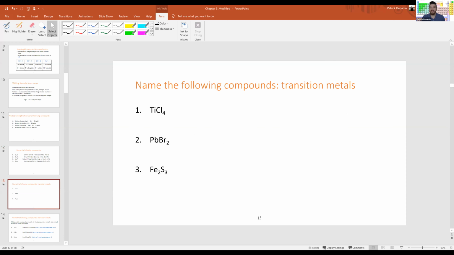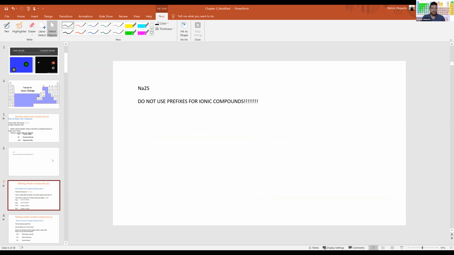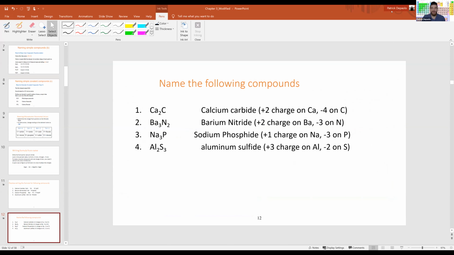So let's name these transition metal ones. Ti, let's see where Ti is. I have a periodic table printed out on my desk all the time. So Ti is titanium, atomic number 22.